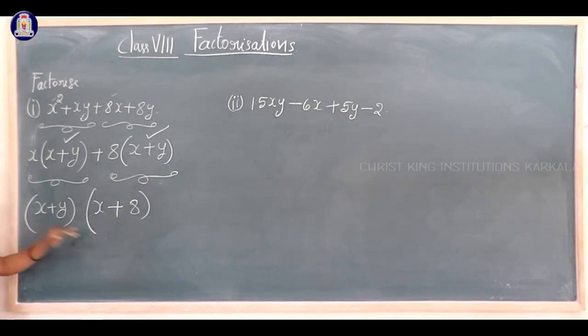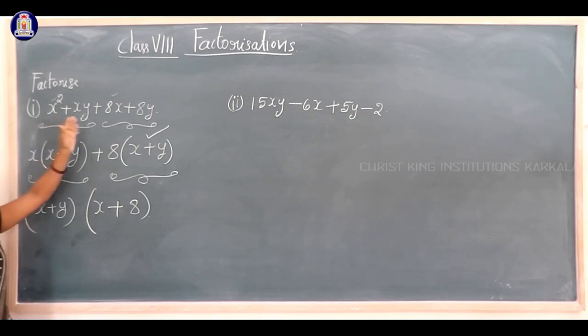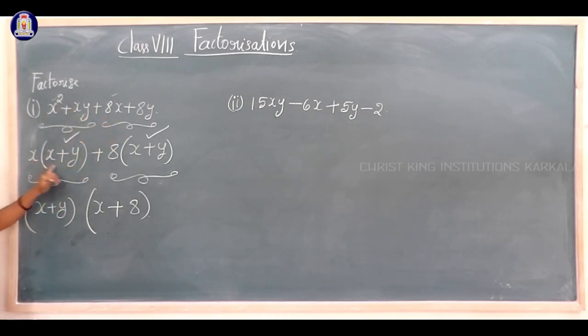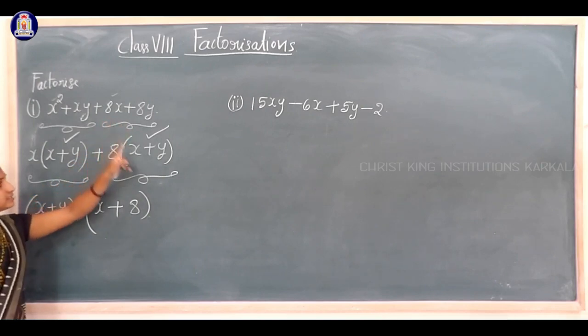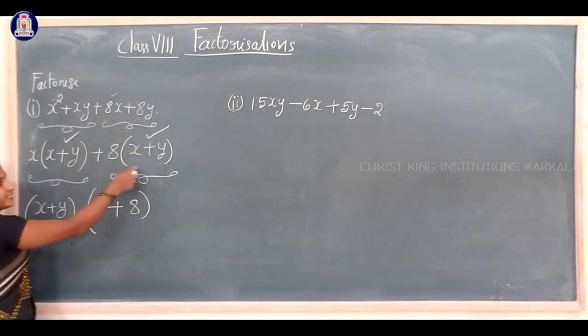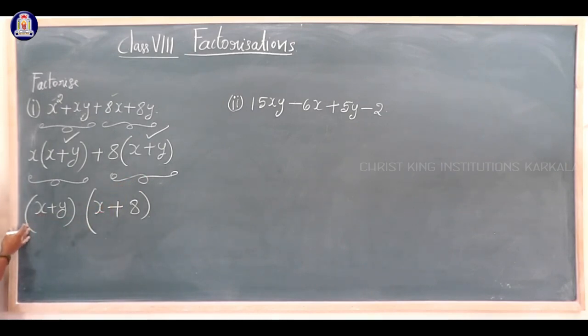So these two are the factors of the given algebraic expression. First you have to make two groups, first two and last two. Okay? Next you have to take the common factor. The common factor is x plus y; if you take it outside, the remaining is x plus 8. So these are the factors of the given algebraic expression.